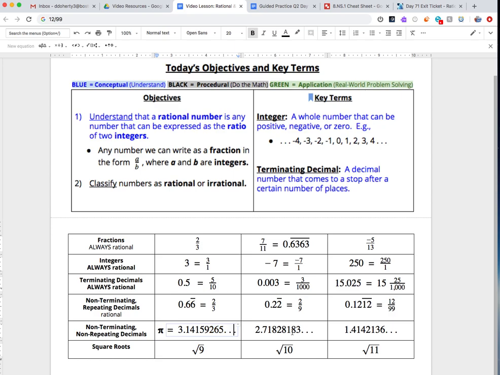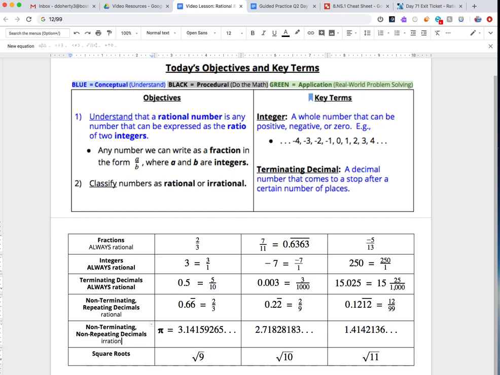Pause the video and think, could I turn any of these non-repeating, non-terminating decimals into a fraction? Welcome back. Hopefully you realize that none of these non-repeating, non-terminating decimals could be turned into fractions, because we don't know how the numbers end. And if we don't know how the numbers end, there's no way to write them as a fraction. So this is our classic example of irrational numbers.